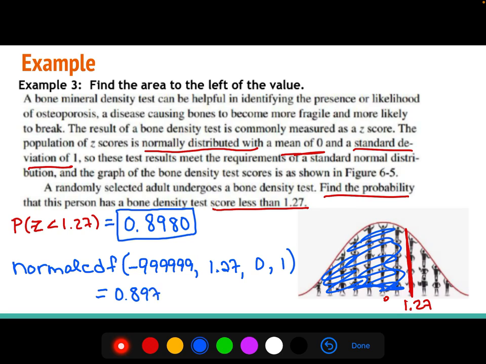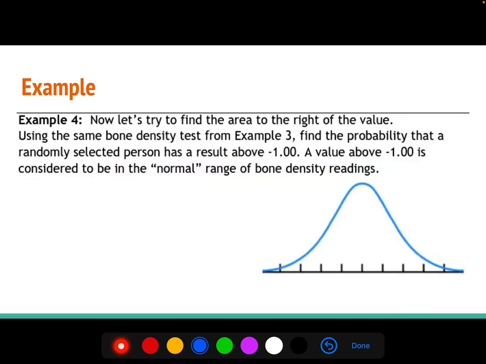And it would also tell us that it's 0.8979576193, or in our case, 0.8980 when you round it. So you can use either the table, this is where I got this from, or you can use your calculator, one or the other. I don't care which one you use. I like the calculator because it's faster.